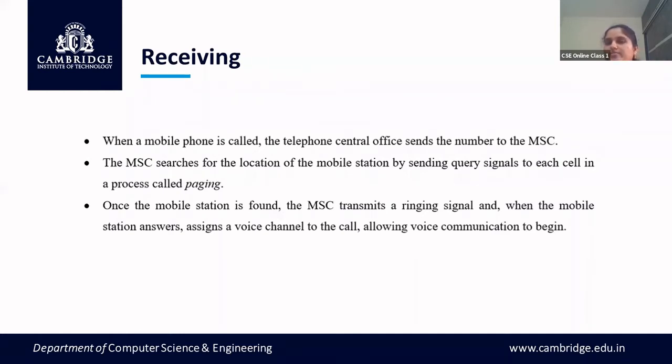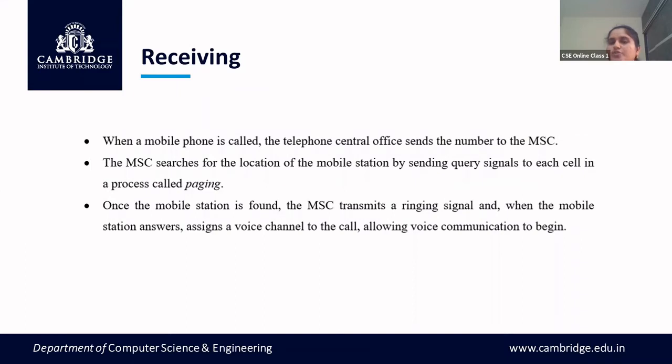So the query signal will get an acknowledgement saying whether that particular device with the mobile number is free or not. If it is not free, then it will send you the busy tone. If it is free, it will say, okay, this particular station is ready for receiving the signal.